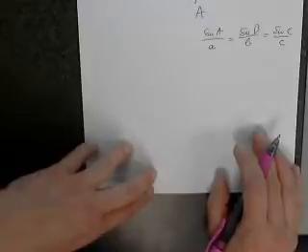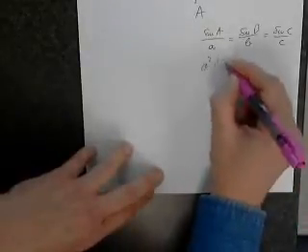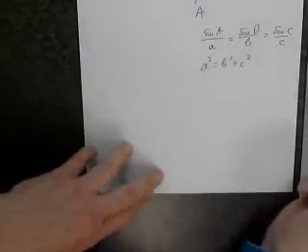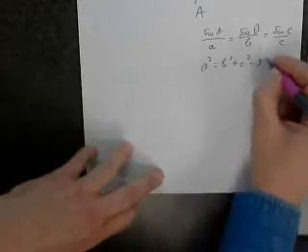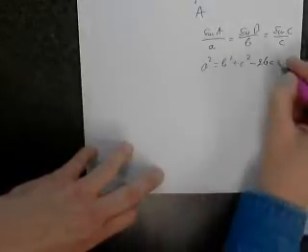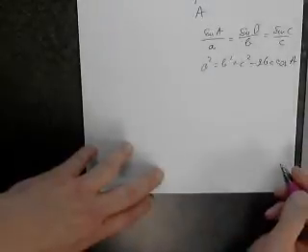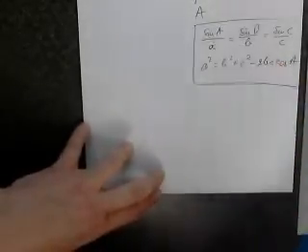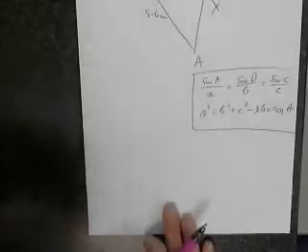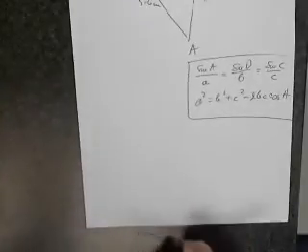The second option is a squared equals b squared plus c squared minus 2bc times cosine A, because it's law of cosines. So think for a moment and tell me which one is the best to apply here.